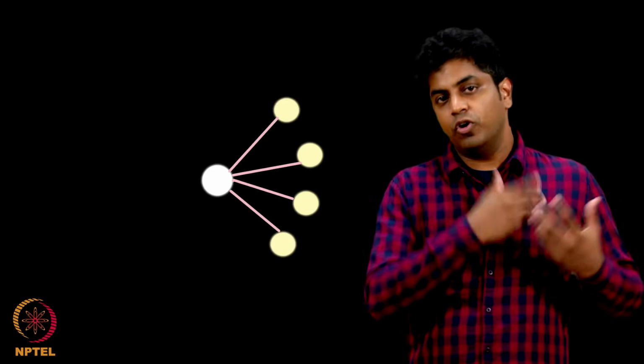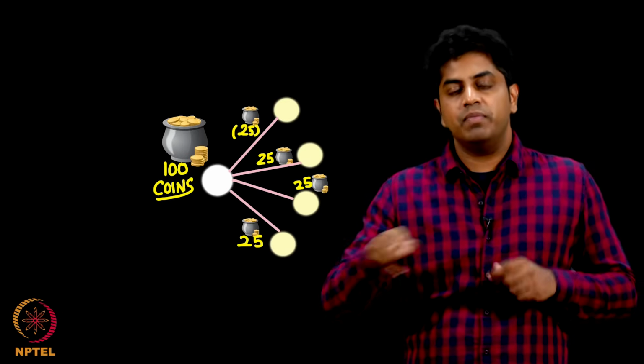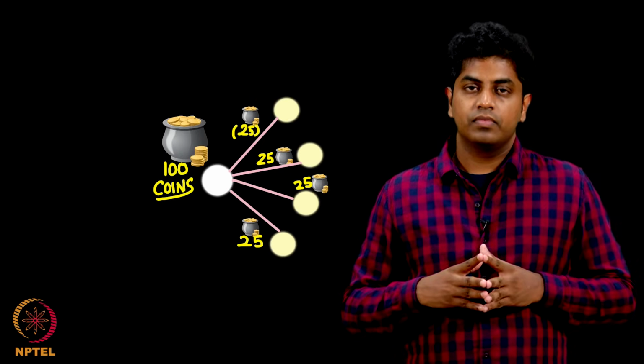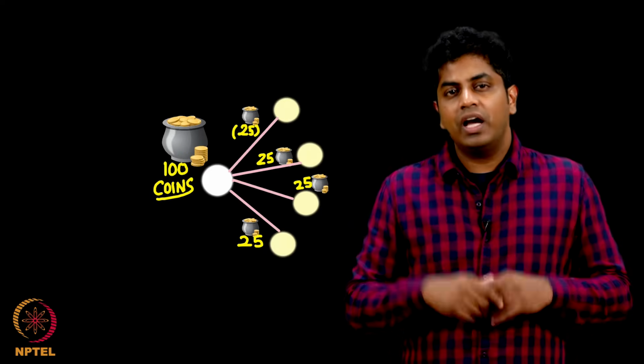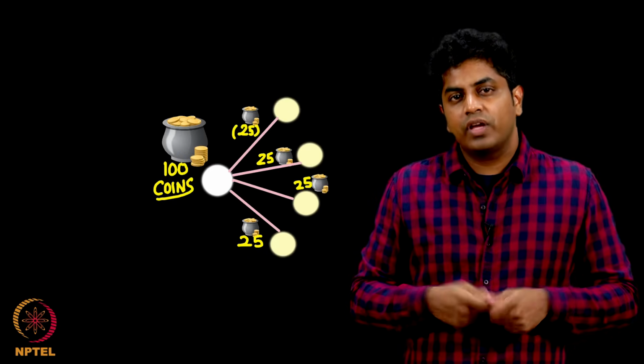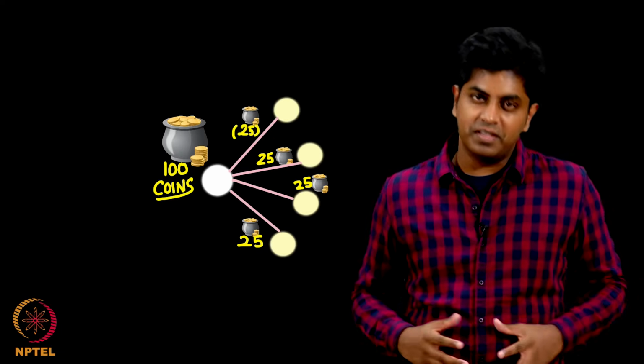So, let us say 4 edges are going, not 3, 100 gold coins to a node, and this node gives 25 gold coins to each of his neighbors. If it was 3, I will just divide it by 3 and 33.33 each. I will assume you can consider a decimal part of a gold coin and give it by powdering it, let us say.